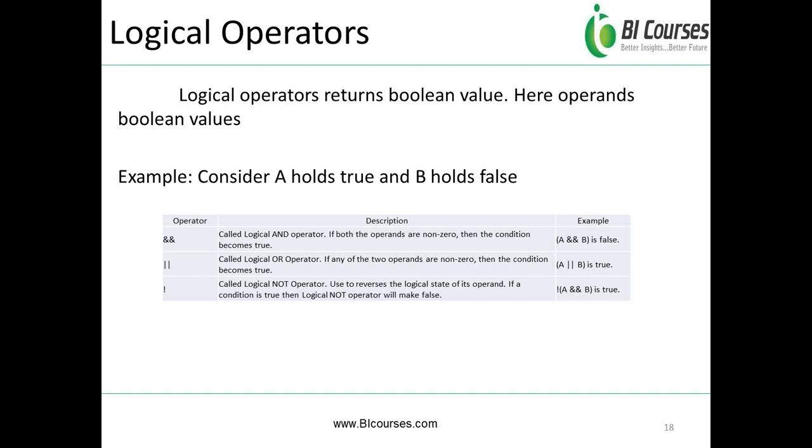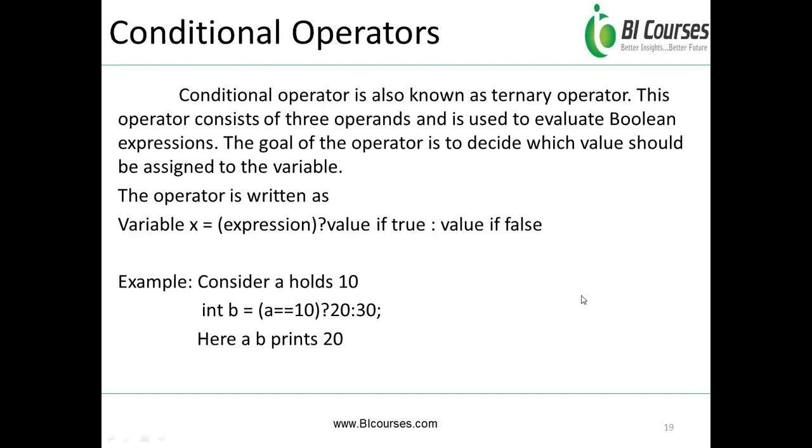Here we have logical and, two ampersands, a and b. If a is true and b is true, then it will always return true. If a is true, b false, then false. a false, b true, false. And false, false, false. And in the same way, the logical or operator and the logical not operator. a or b is true.